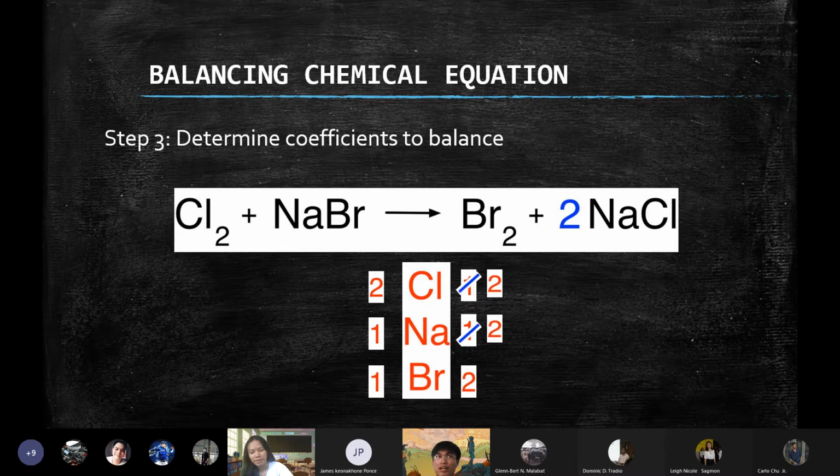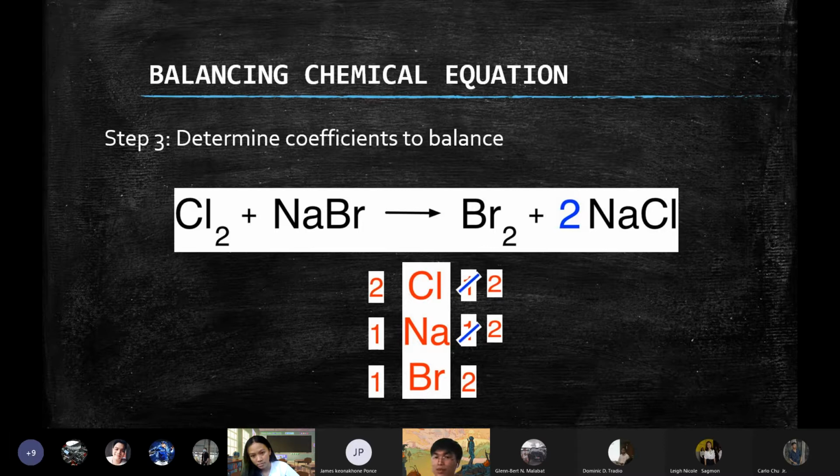As a disclaimer, you can add one, two, three coefficients. There is no set number of coefficients that will be added to the chemical equation. It depends on whether you achieve the balanced equation or not.